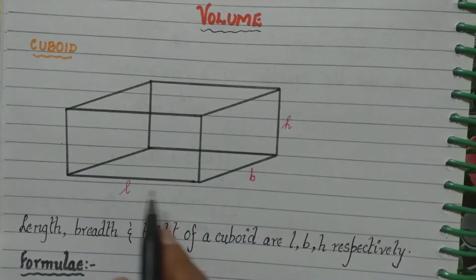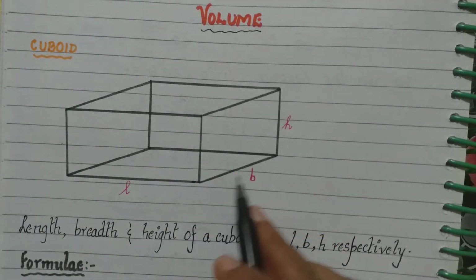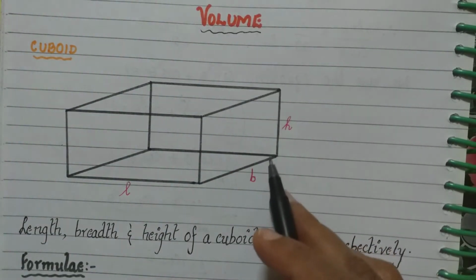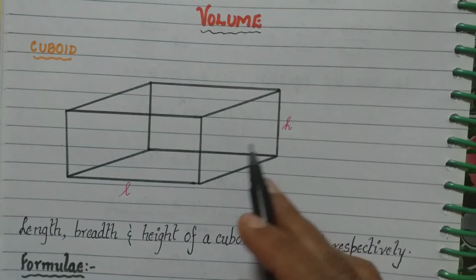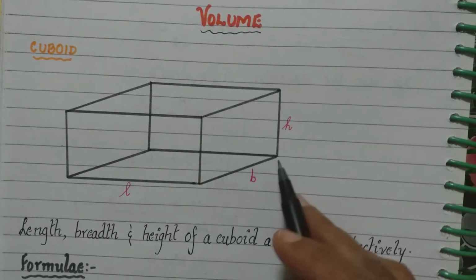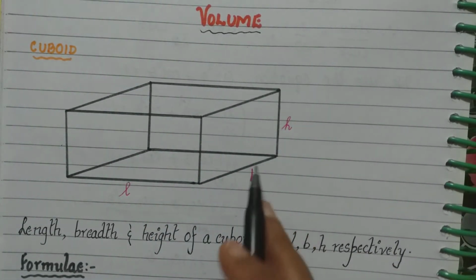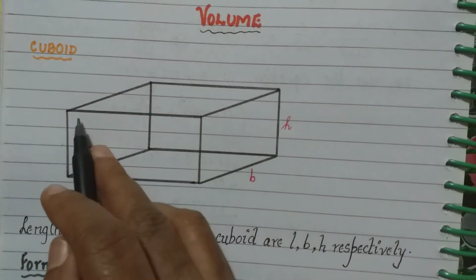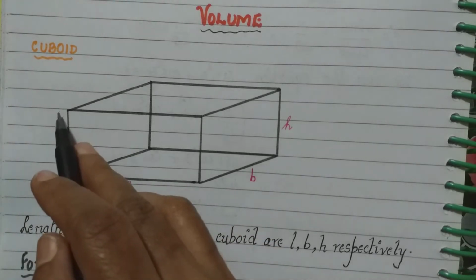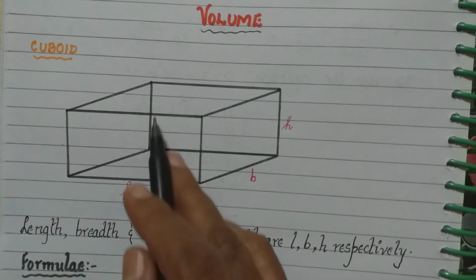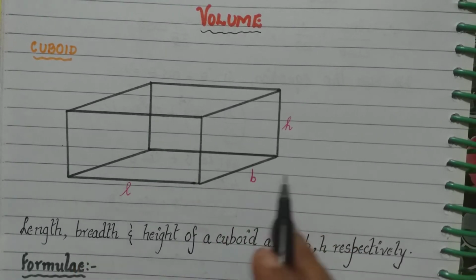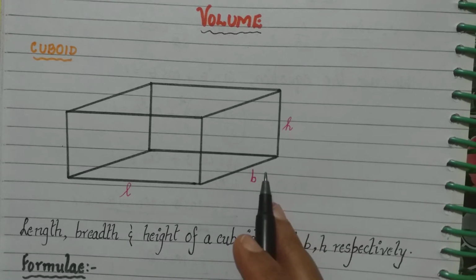So 2 times L into B. Same way, if you look at this side surface, one side is B while the other side is H. So the area of this surface is B into H. Similarly, the opposite surface also has area B into H. So B into H and B into H, it is 2 times B into H. Okay. So we have seen these two surfaces.